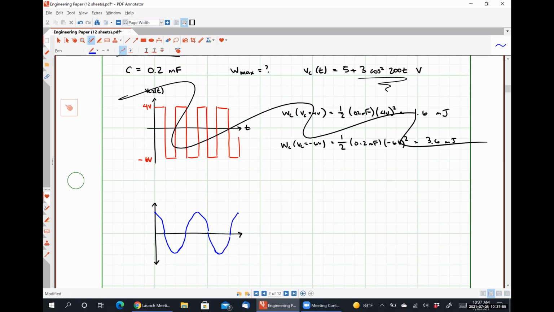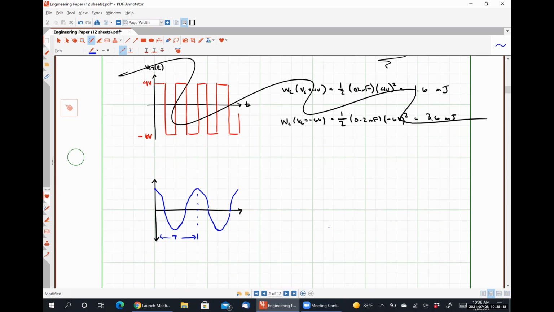All right. So the period of this cosine function is defined as the amount of time it takes to go from its maximum value back to its maximum value, or we could define it as minimum value to minimum value, or we could do 0 crossings as well, but you've got to pay attention to that, okay?